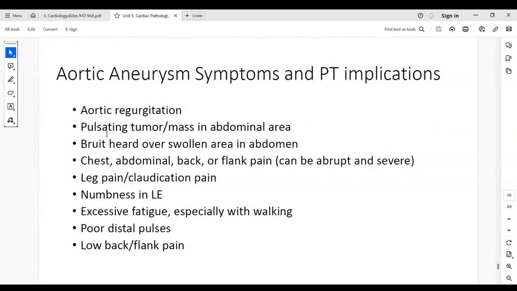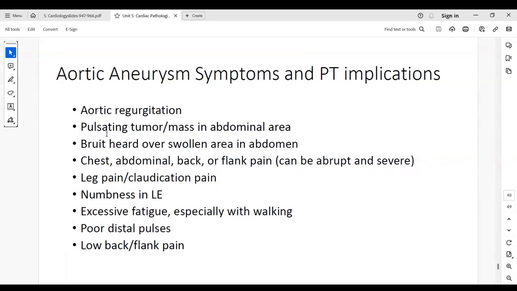Okay, so aortic aneurysm symptoms and physical therapy implications. Aortic regurgitation, and we explained why that. Pulsating tumor or mass in the abdominal area during the examination of the abdomen. A bruit heard over the swollen area in the abdomen where you are listening with the stethoscope.